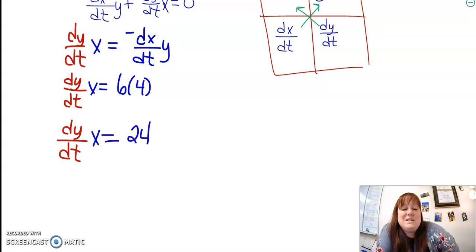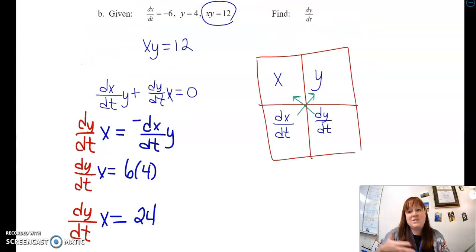And now what? Because dy/dt still isn't by itself, but they didn't give us an x. But they did tell us how x and y are related. As x changes, so does y, right? So when y is 4, what does x have to be? Because x and y are changing. This is an inverse relation. But they're changing, right? And so when y becomes 4, what does x have to be? Well, it has to be 3, right?